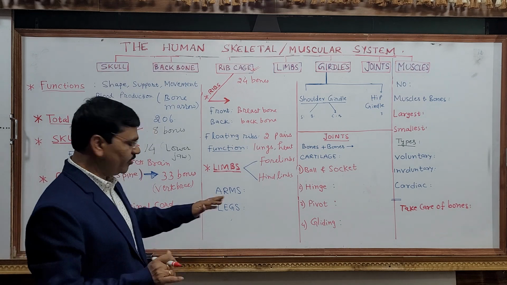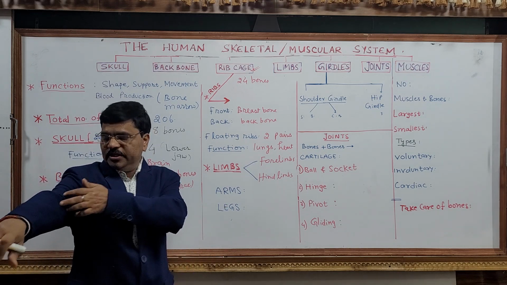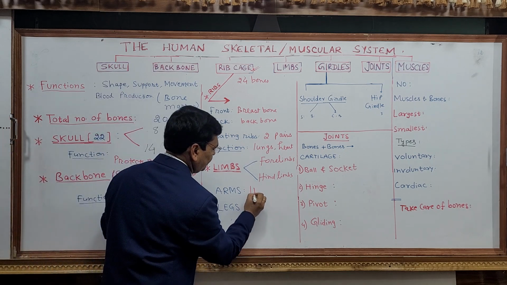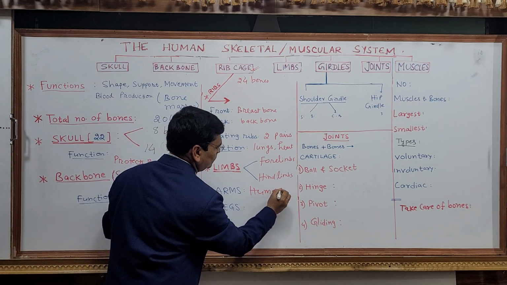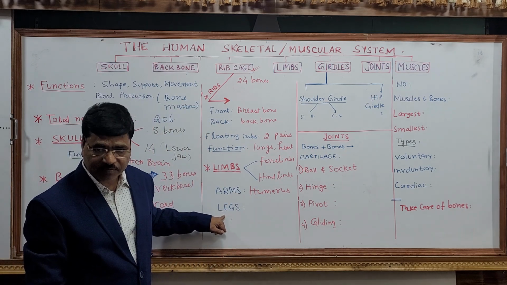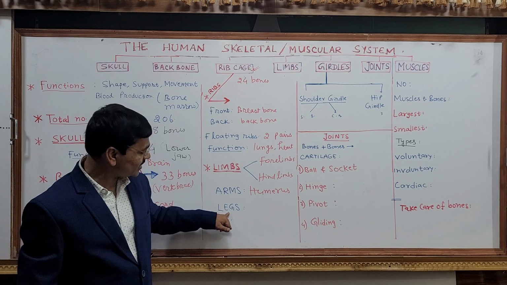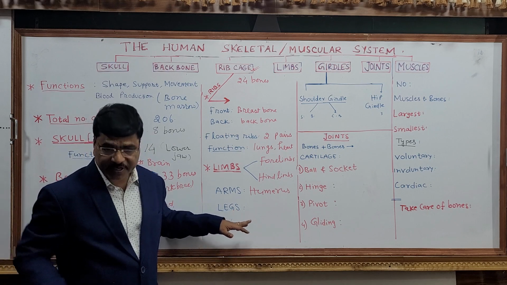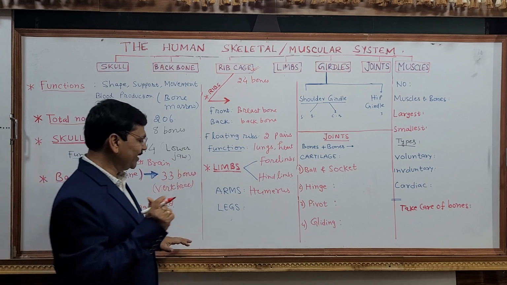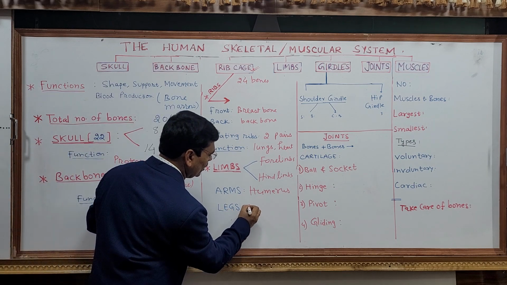Okay, so if we talk about the arms, this upper arm is called humerus. And the legs, the hind limb: the upper part of the leg consists of a big bone that is called femur.